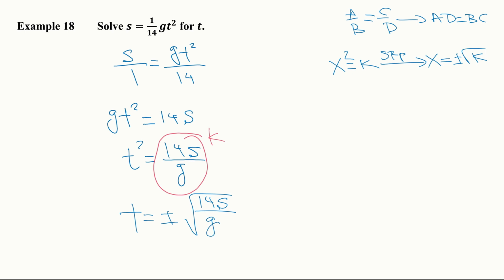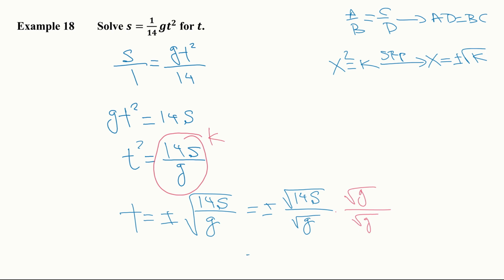Now, that is not simplified because you have a radical in the denominator, so we're going to keep going. So that means plus or minus square root of 14s over square root of g. Now we want to rationalize the denominator, so we're going to multiply top and bottom by the square root of g.